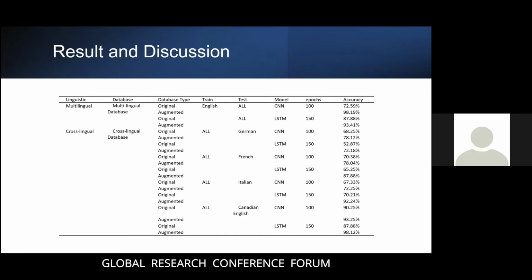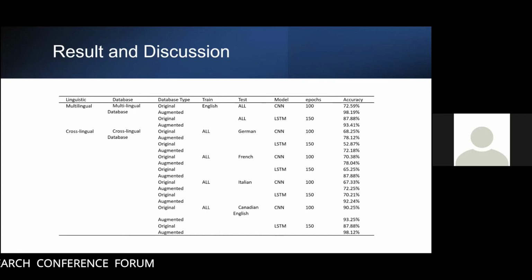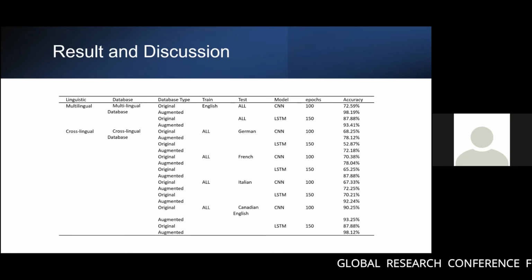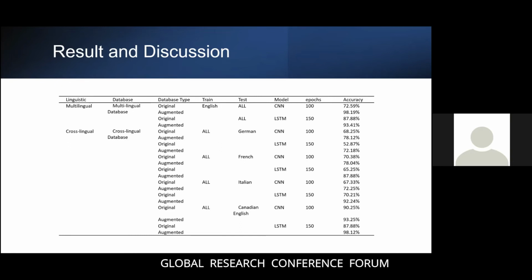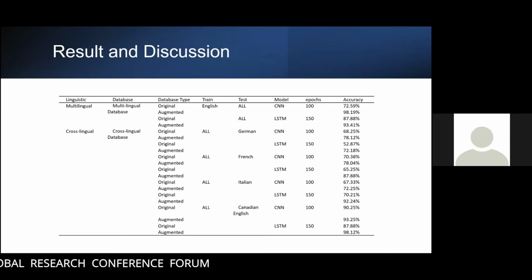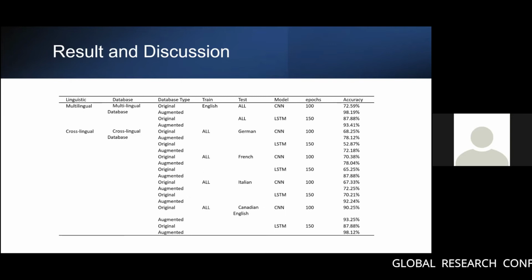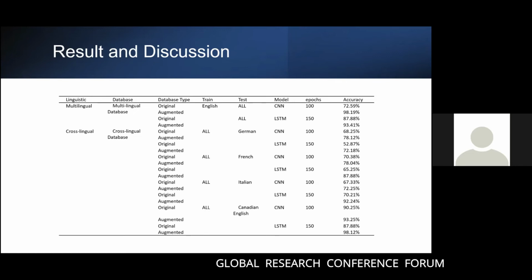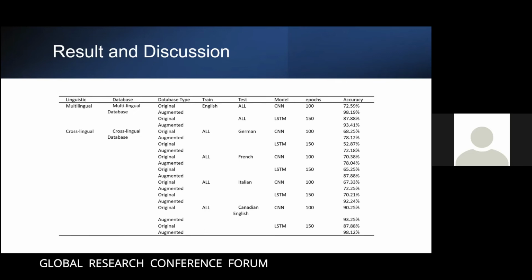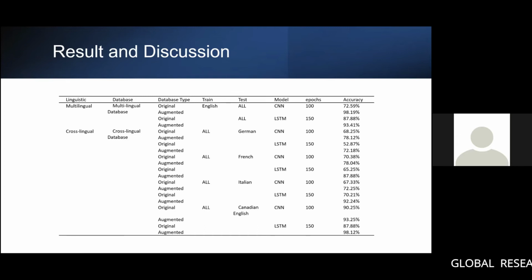Doing the same approach, I got 72.59 accuracy for the multilingual database with English training in the normal CNN approach. In the augmented CNN approach, I got 89.19. Similarly in the LSTM model, which is better than the CNN, I got 87.88 and 93.41.